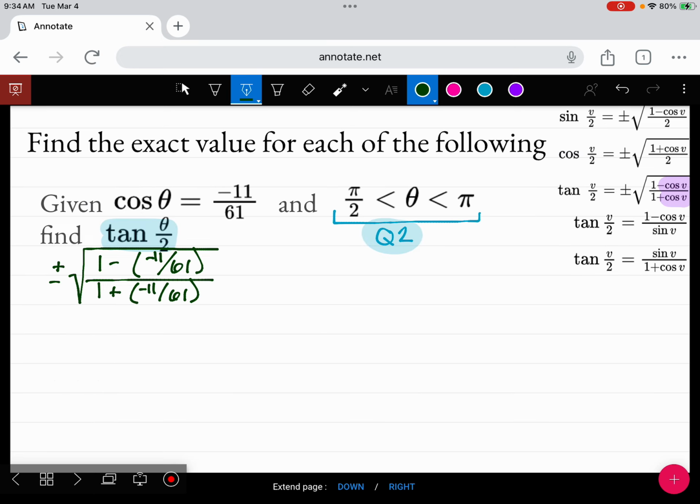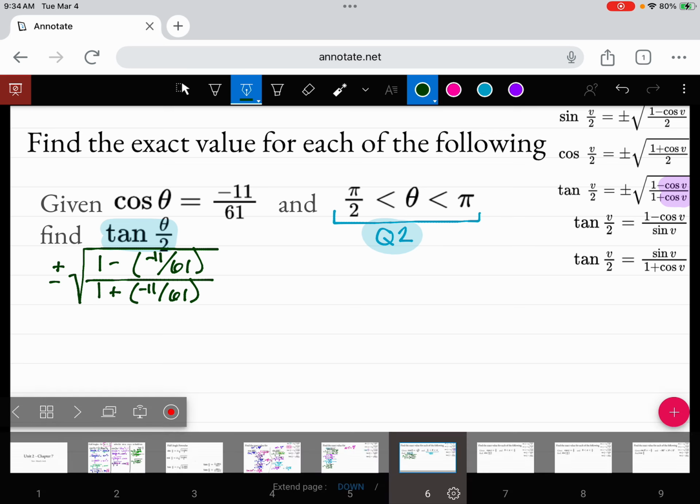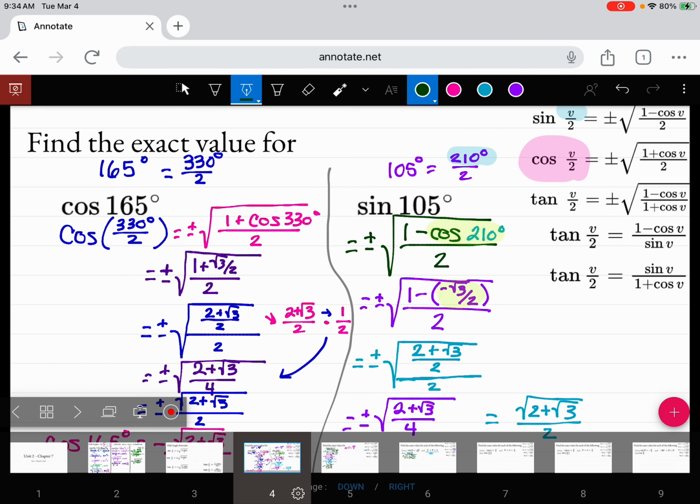On this one, we're given cosine of theta, and we're finding theta over 2. Do we know cosine of 165?